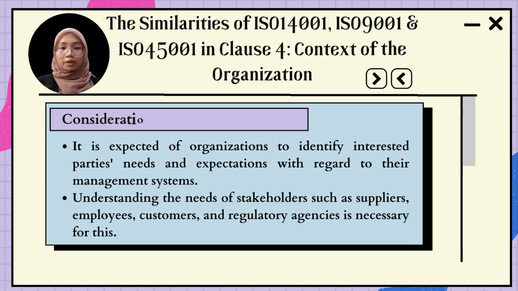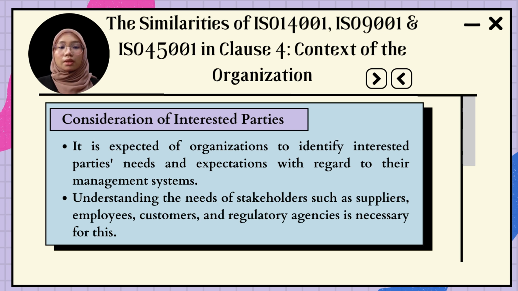So next I will be explaining the overall similarities of ISO 14001, ISO 9001, and ISO 45001 in clause 4, context of the organization. So there are two of them, which are consideration of interested parties and documentation and communication.